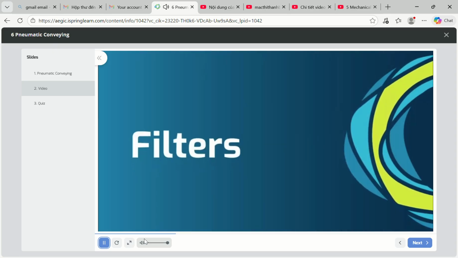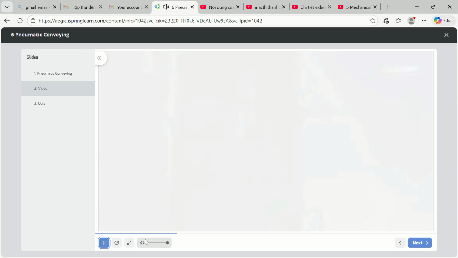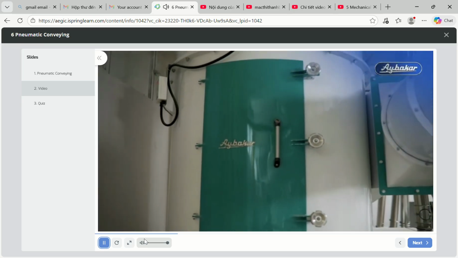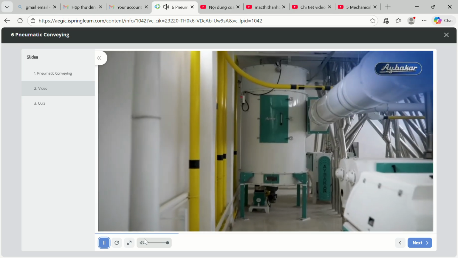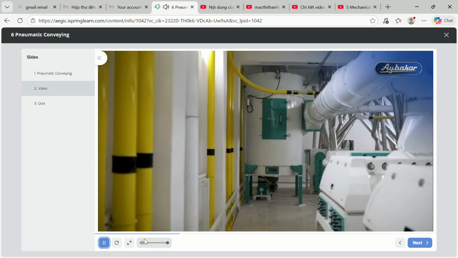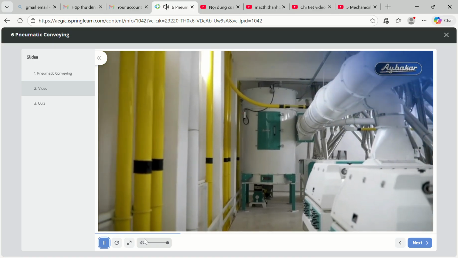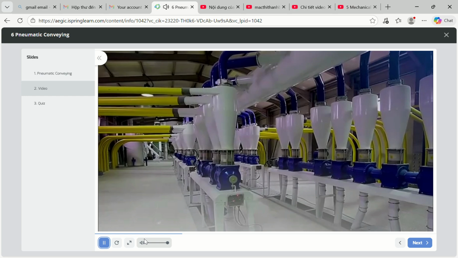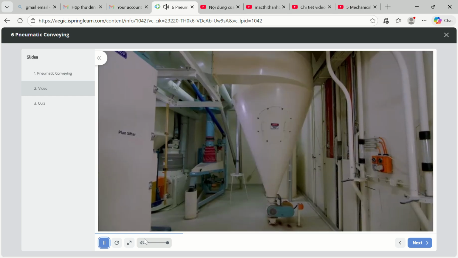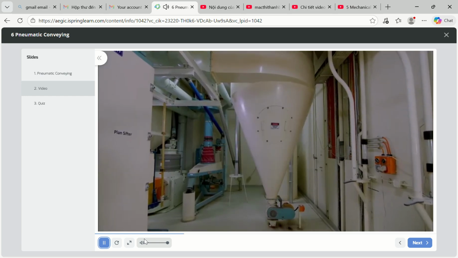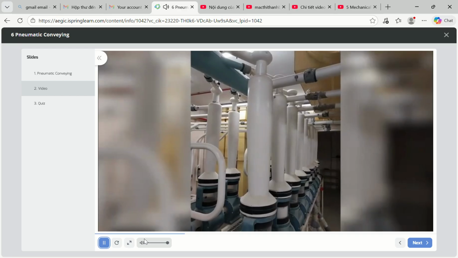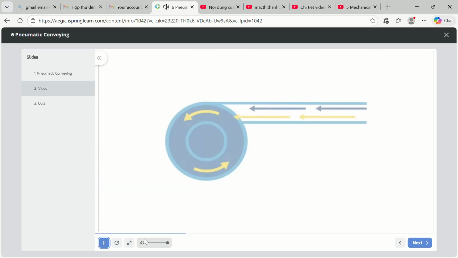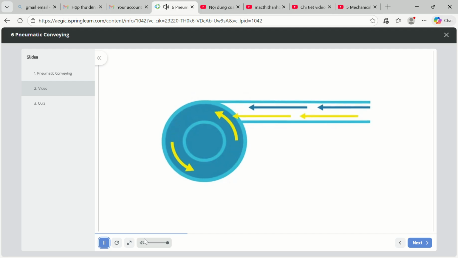Filters. Devices for filtering solids from the air come in various forms. Cyclones are the simplest. They can be small or large. The principle in both cases is the same. The airstream and the solids in that airstream enter the cyclone at a tangent.